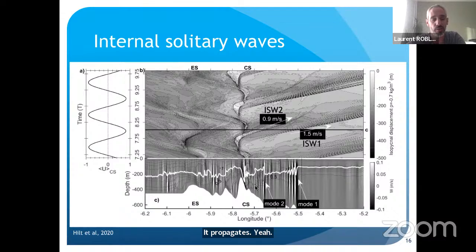And then the wave amplitude decreases as the train propagates toward the deeper region. In this part of the plot, you can see the depth evolution of this white isopycnal surface as a space and time diagram. Time is there, and space.